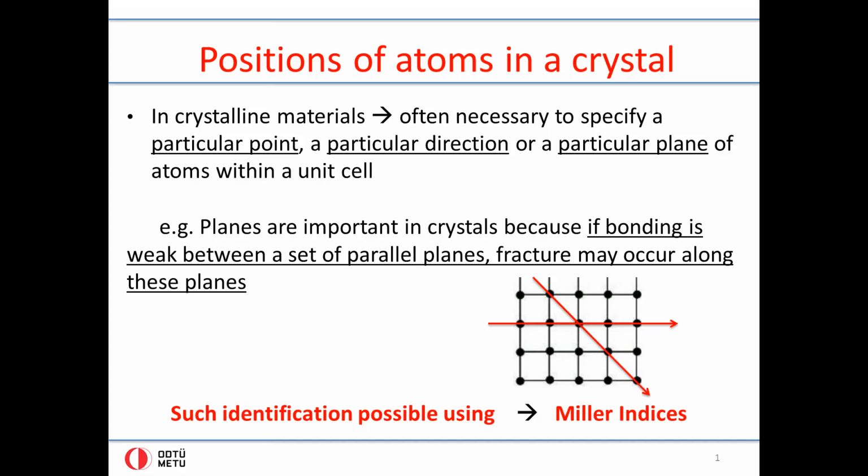As one example, planes are of particular importance in crystals because they indicate where it is easy or where it is difficult for fracture or failure to happen. So without knowing anything about the strengths of the bonds, you could estimate the ways in which a single crystal could fracture.